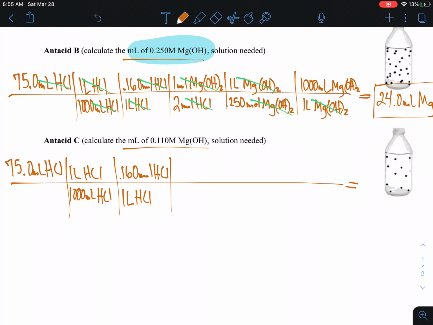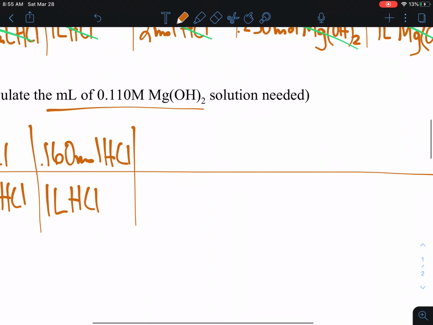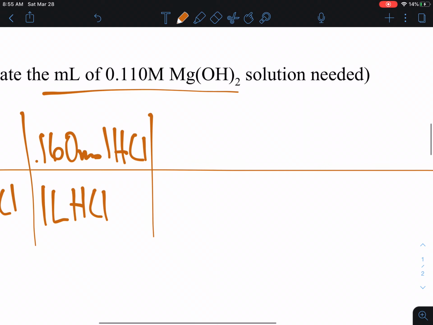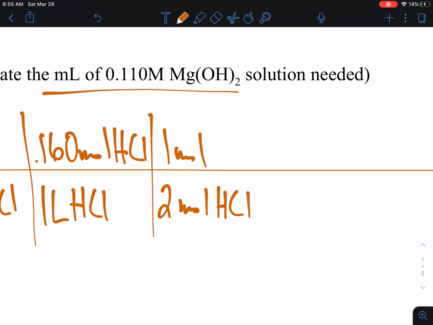And again, we'll use the same mole ratio between the acid and the base. Again, up from the balanced equation, this 2-to-1 business up there. So 2 moles of acid to 1 mole of the magnesium hydroxide base.